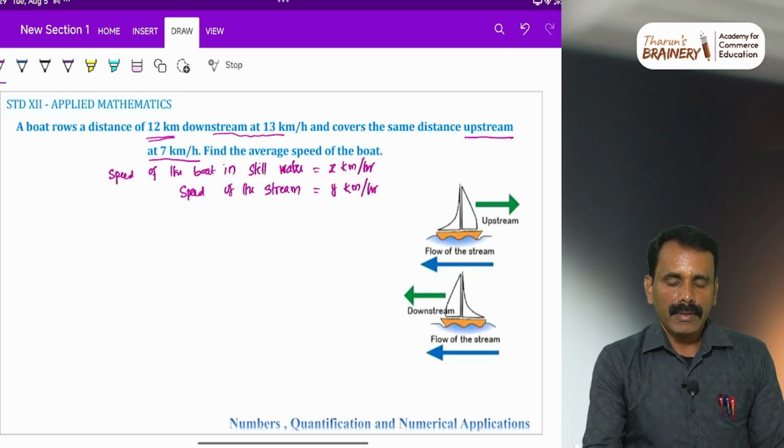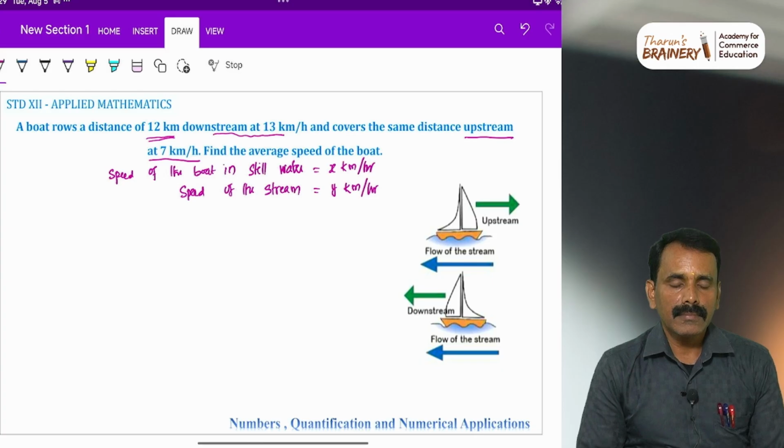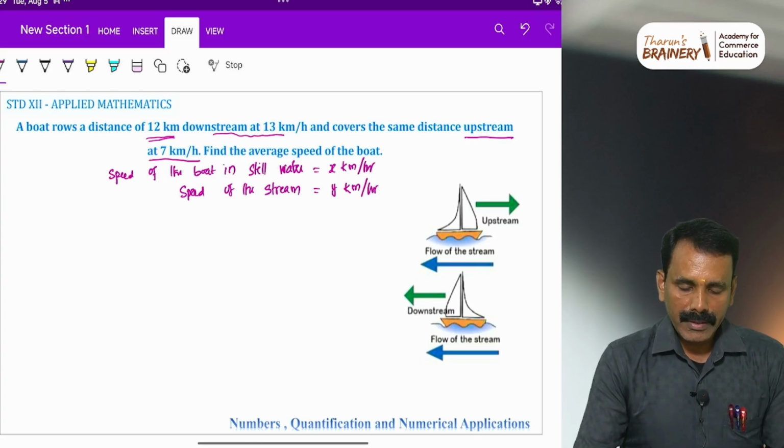Okay. And actually the average speed doesn't depend on the distance covered.